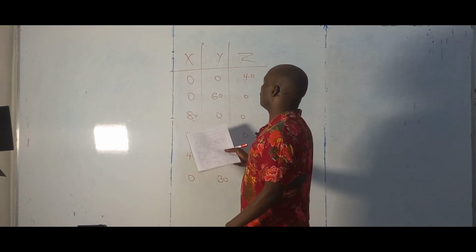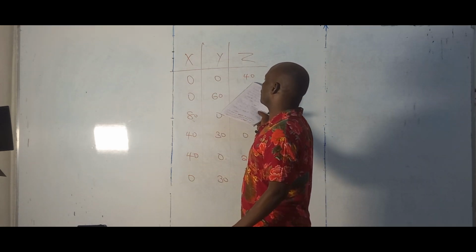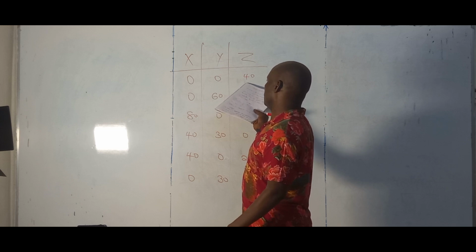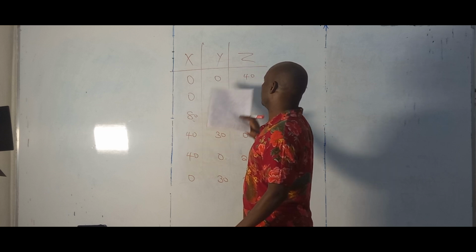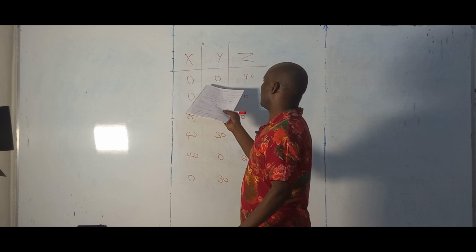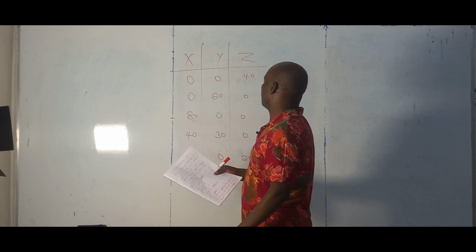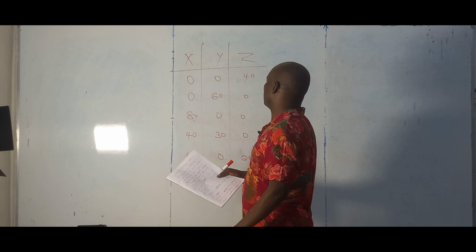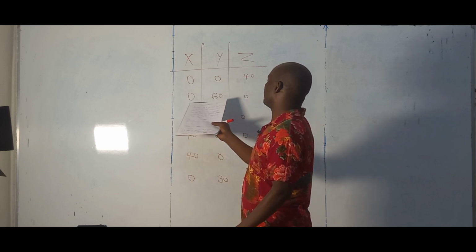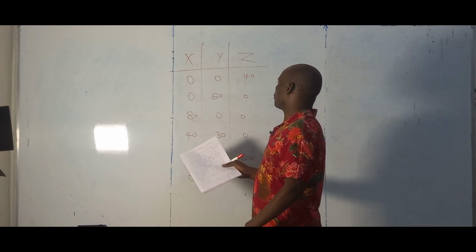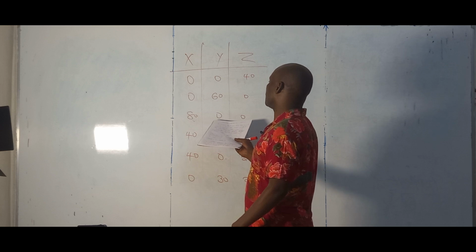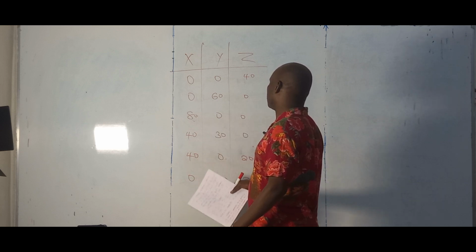Either he can only utilize that particular piece of land to get 40 units of output by doing crop Z, and 0, 0, none of Y, none of X. Or he can commit the land to producing Y, in which case he produces 0 of X and 0 of Z. Or he can commit the land to producing X, in which case he produces 0 of Y and 0 of Z, and so on and so forth.